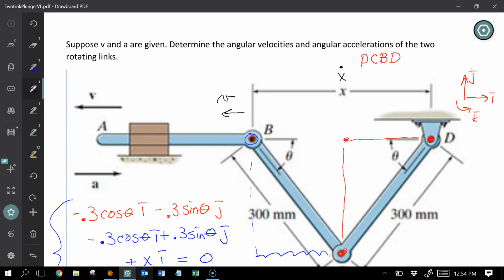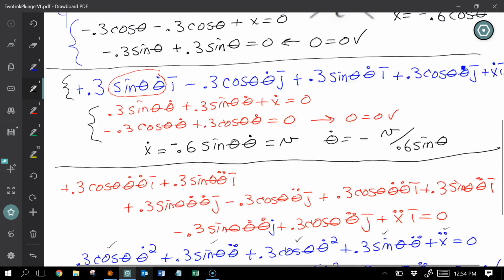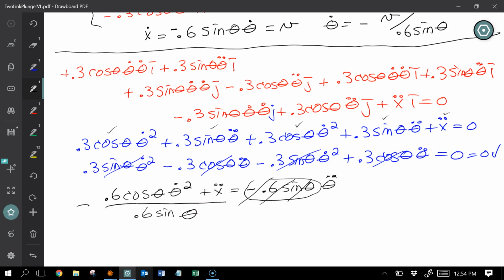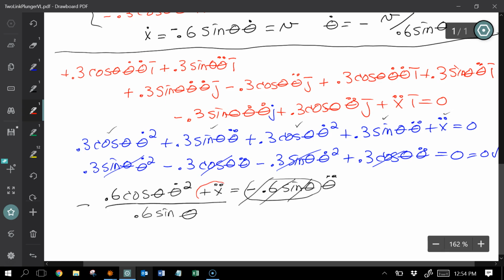So if b is accelerating to the right, then x double dot is getting smaller. So it's going to be a negative. So x double dot is equal to a negative a. So what we'll do is we'll put in right here, this term is a minus a. And so theta double dot is equal to this.